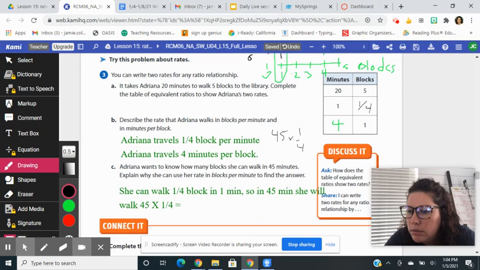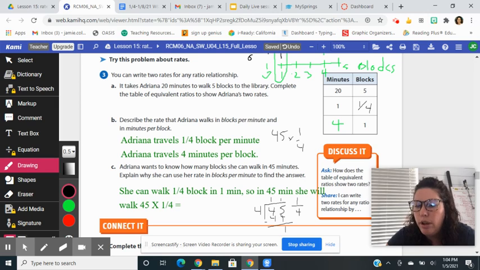So we're going to divide 4 into 45. I'll just do that down here. 4 into 45. It's going to go 1 time. And then this one will go 1 time, but there's going to be some leftover. 11 and 1/4.